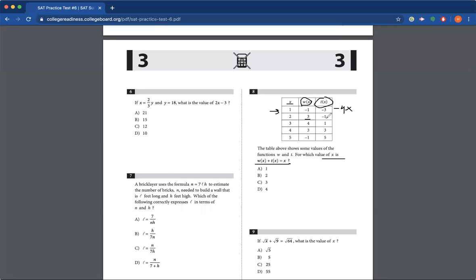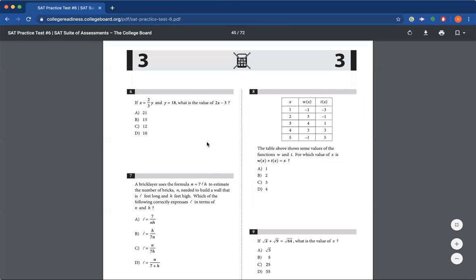Same thing here, positive 3 plus -1 gives us 2. This does equal 2. 2 equals 2, so that's right. 4 plus 1 is 5. 5 does not equal 3, so that's wrong. And over here, 3 plus 3 is 6. 6 does not equal 4. That's also wrong. So therefore, our answer has to be 2.